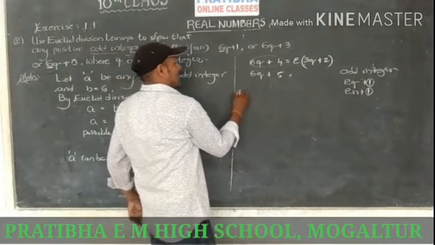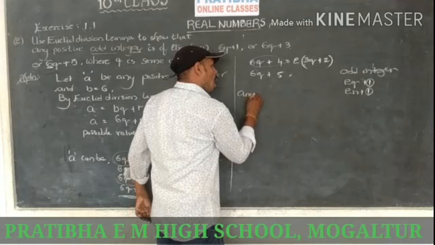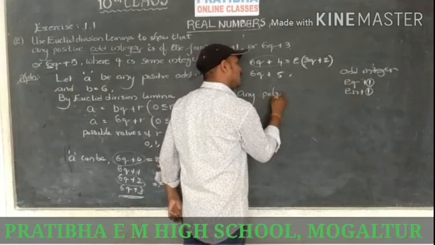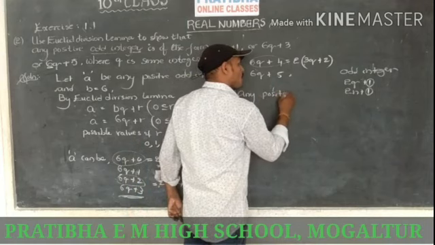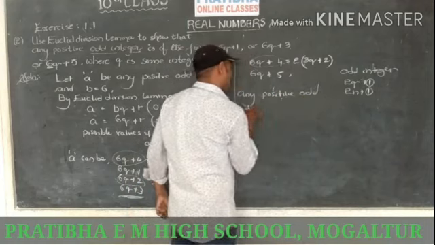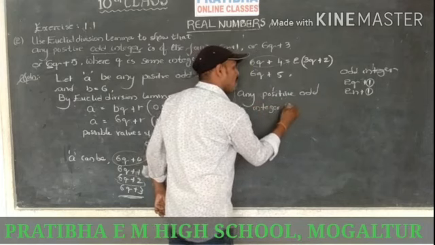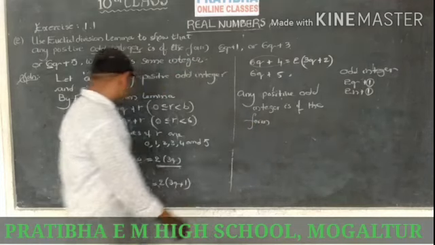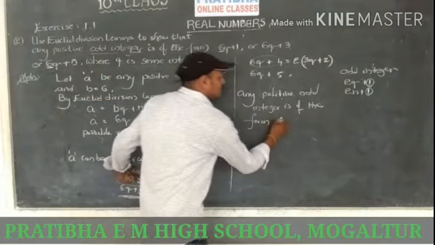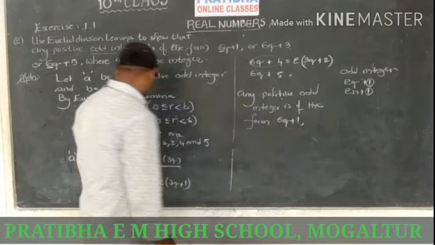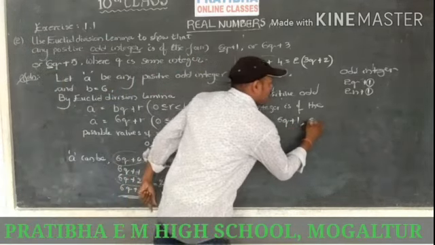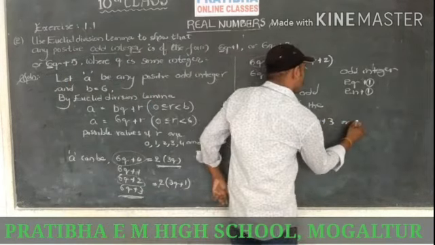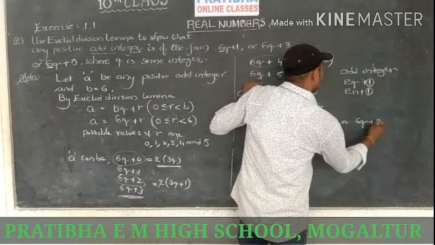That's why any positive odd integer is of the form either 6q plus 1 or 6q plus 3 or 6q plus 5.